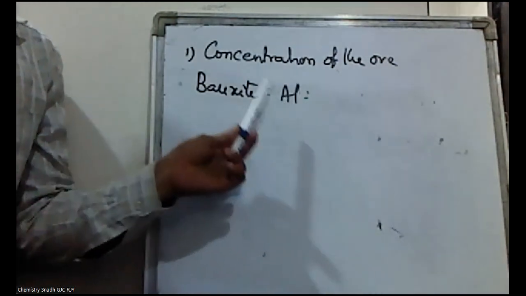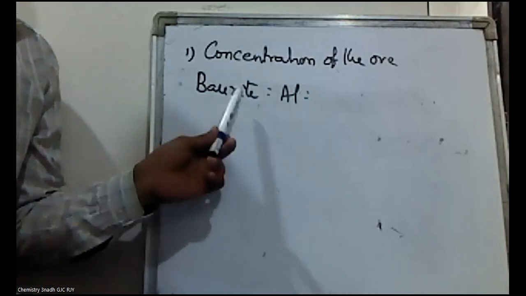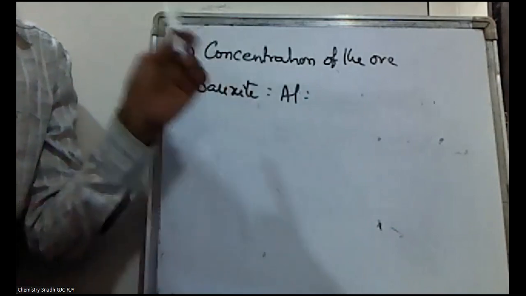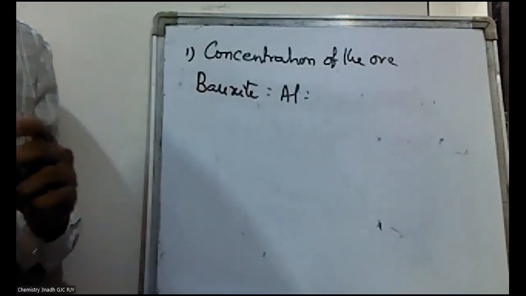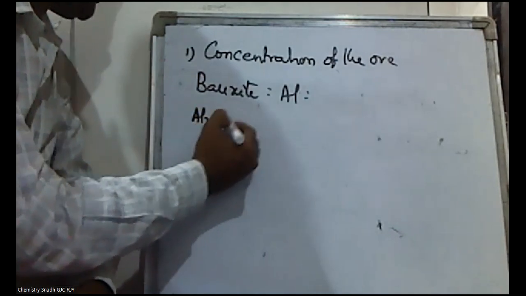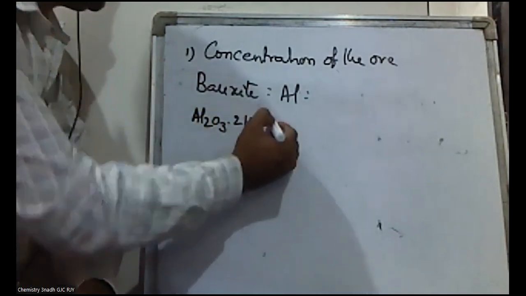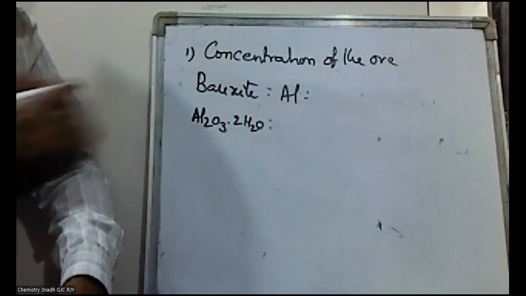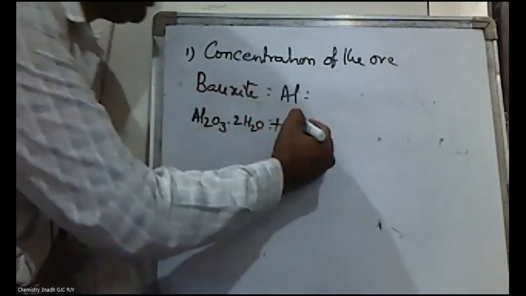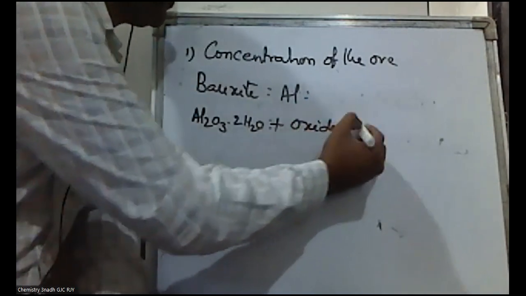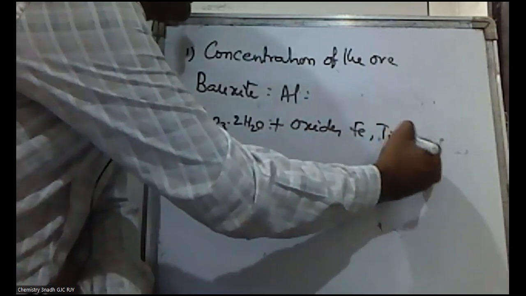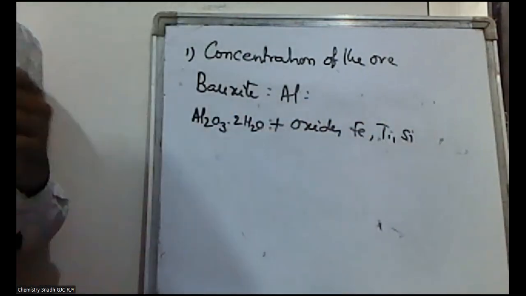Aluminum ore, that is bauxite, is concentrated by this leaching method. This aluminum ore is written as Al2O3.2H2O. Bauxite generally contains or is associated with oxides of iron, titanium, and silicon. What are the impurities present in the bauxite ore?